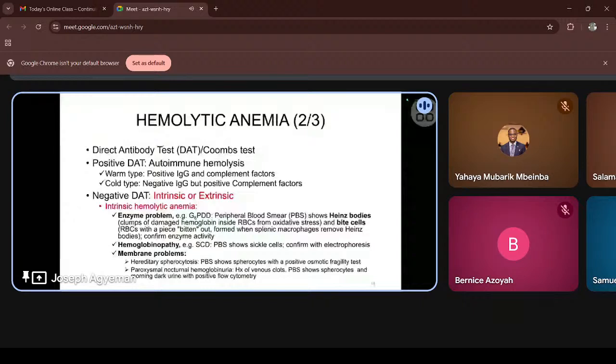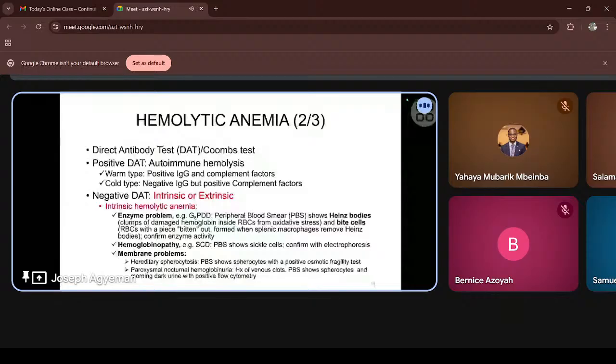This occurs as a result of just a point mutation of an amino acid in the beta chain of the hemoglobin. At position 6, valine replaces glutamic acid. Just a point mutation gives rise to this hemoglobinopathy called sickle cell disease, and that will change the hemoglobin. It will polymerize upon exposure to low oxygen tension.